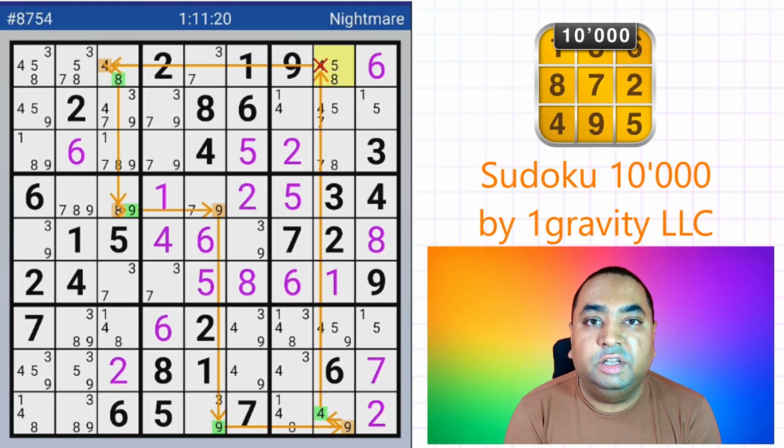So we have seen many of the techniques: swordfish, X-wing, pointing pair, forcing chain, hidden singles, naked singles. So this is the way of solving these techniques.